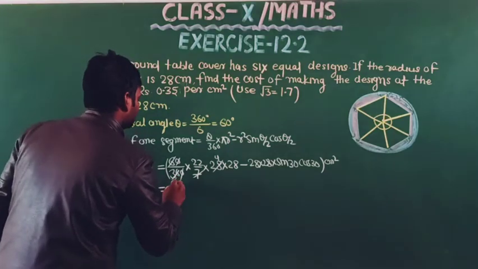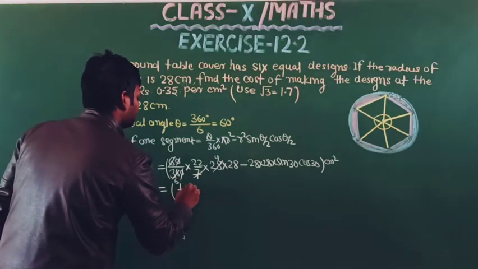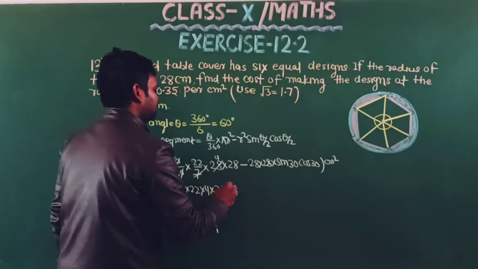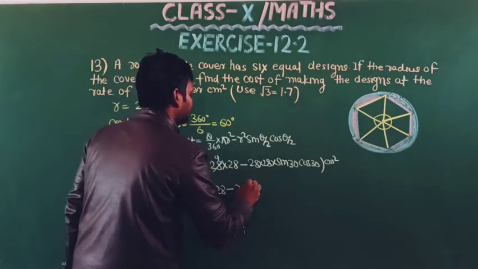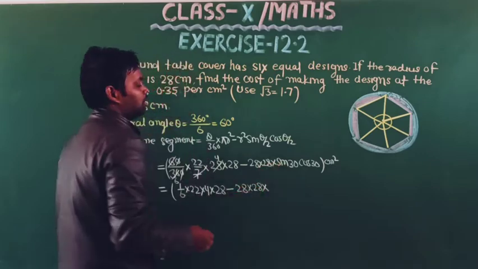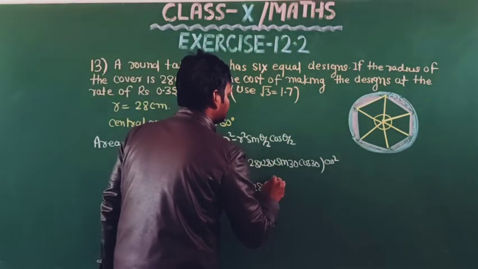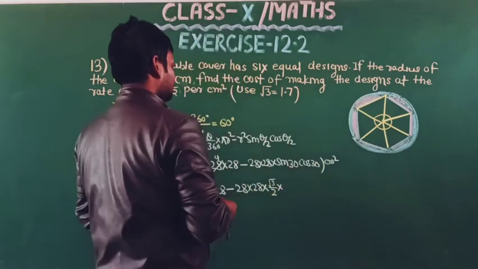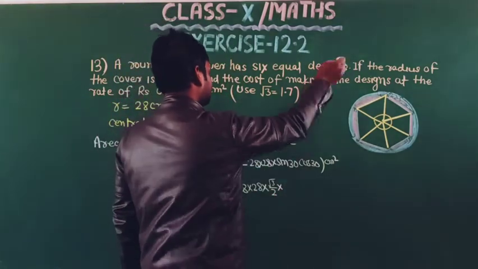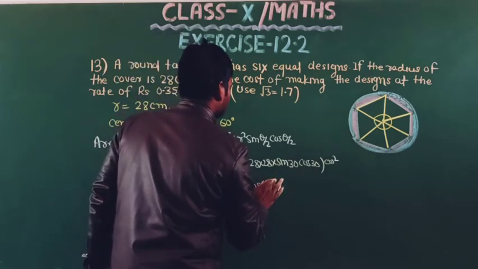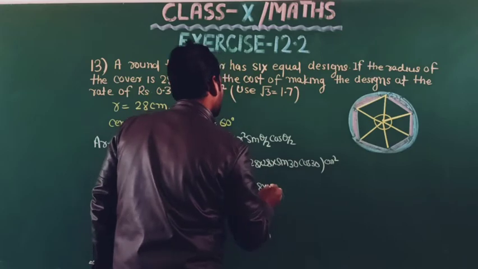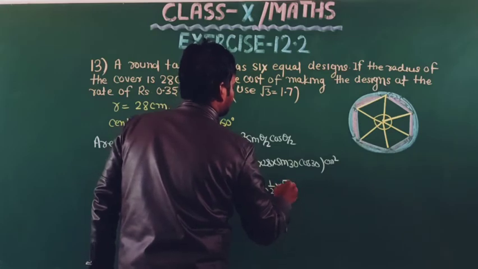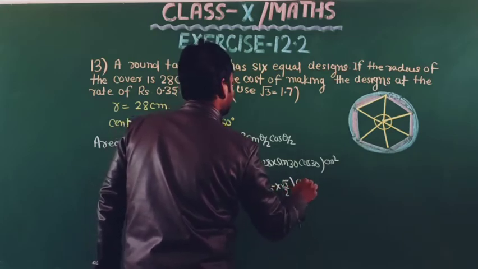So this is 1 by 6 into 22 into 4 into 28 minus 28 into 28, where the value of sin 30 is 1 by 2 and cos 30 is root 3 by 2, centimeter square.